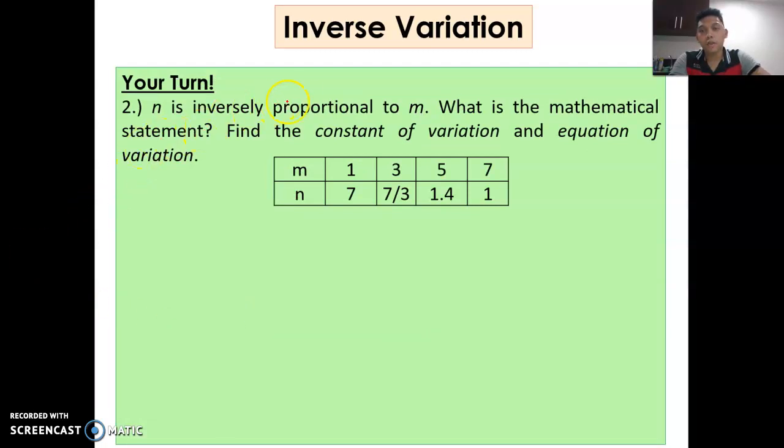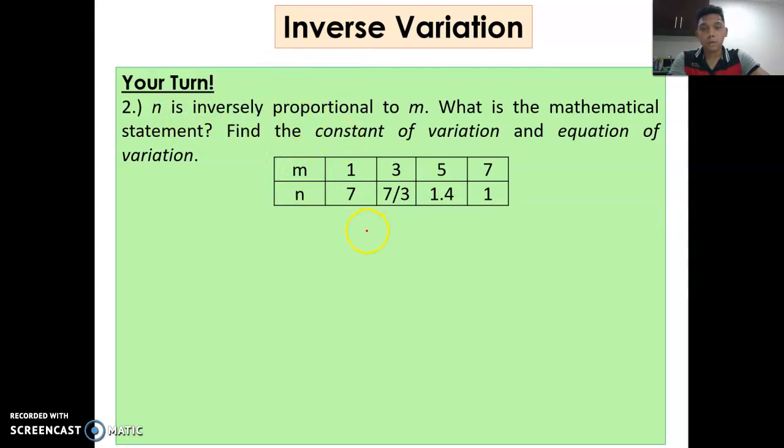Now, n is inversely proportional to m. What is the mathematical statement? Find the constant of variation and the equation of the variation. Given the table, you are asked to give the statement, the constant of variation and the equation. First is the mathematical statement. This is inverse, of course.